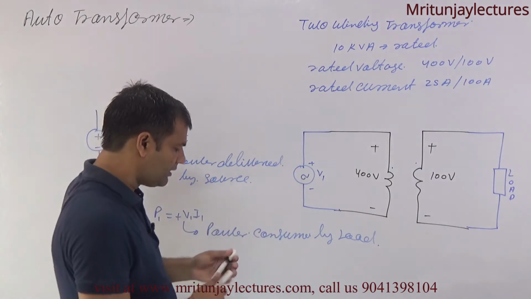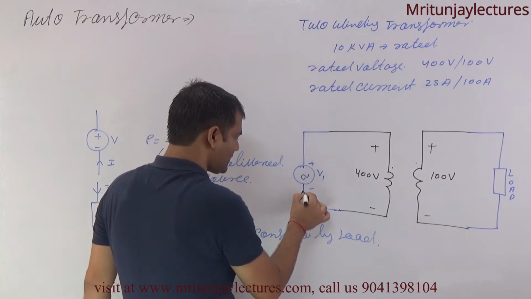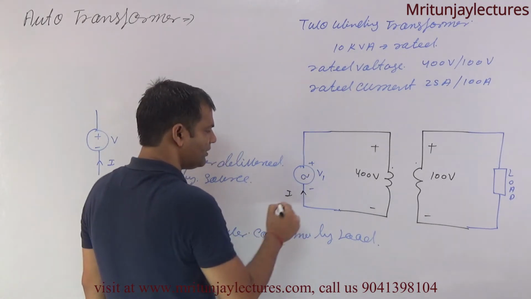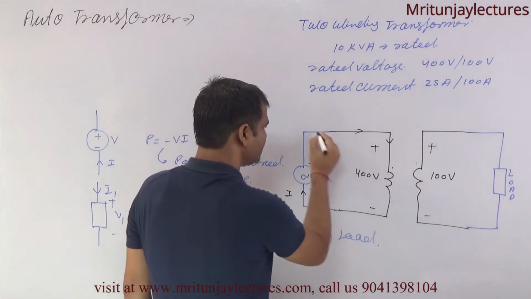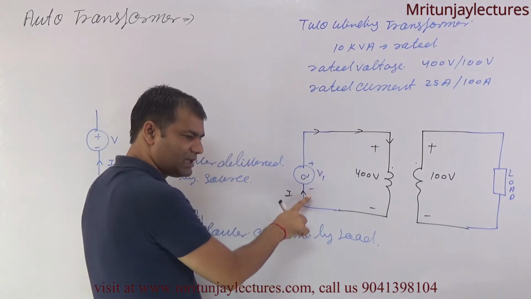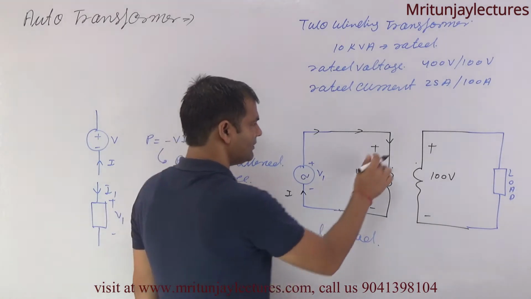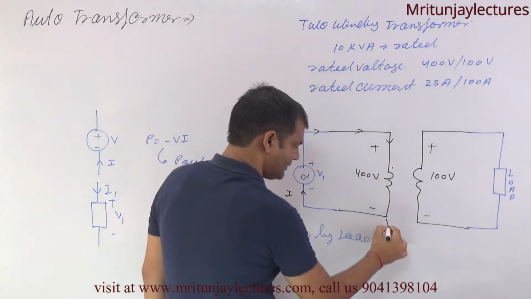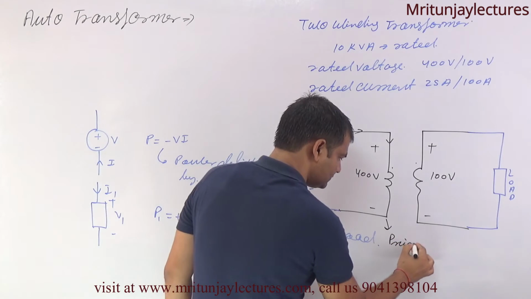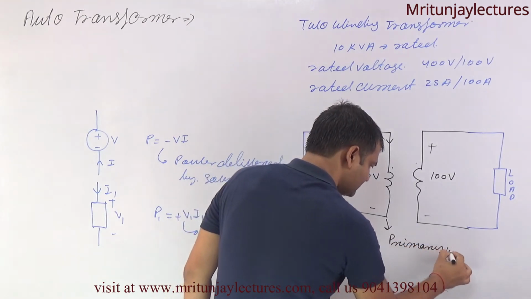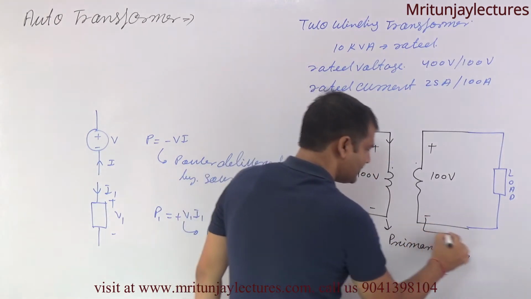Now if current passes like this one, minus to plus, that is power delivered, in primary side, or you can say primary winding, and that is secondary winding.